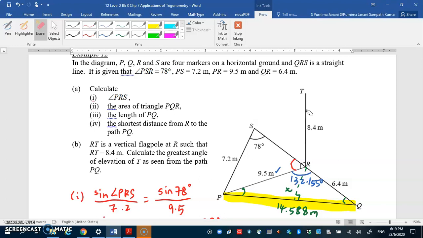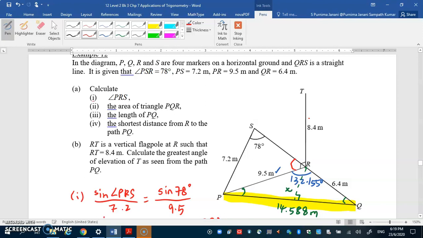And they want you to find the greatest angle of elevation of T as seen from the path PQ. That means there's some guy walking along PQ, and every time he looks at T, there's going to be an angle of elevation. But they want you to find the greatest angle of elevation.